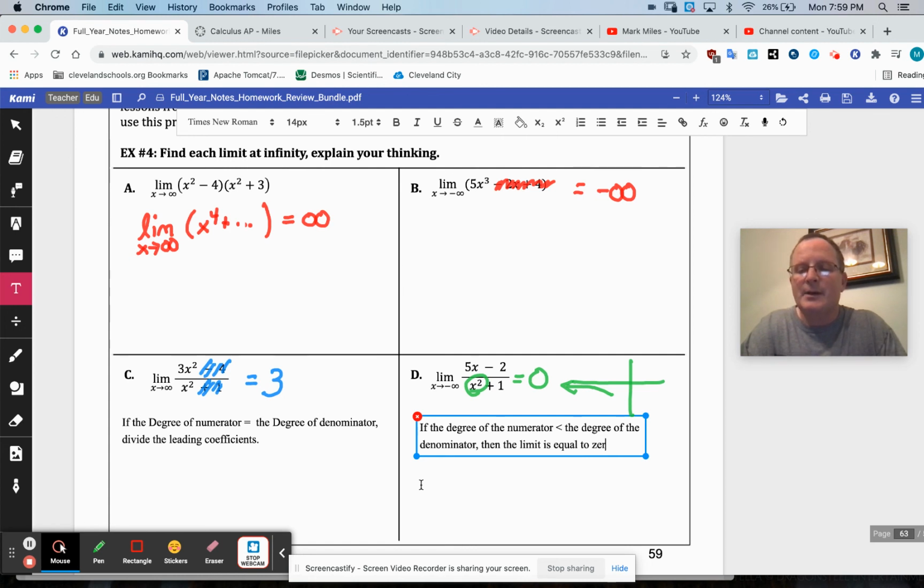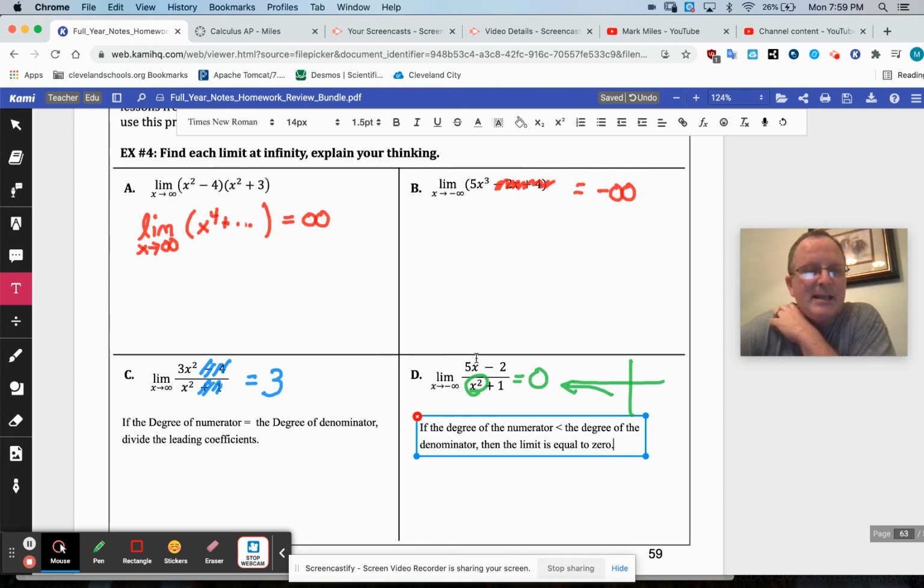Now, of course, these are limits as you're approaching infinity or negative infinity. On this one, the negative or positive aspect will just determine if it's going to approach zero from above or below. And in this case, it's approaching it from below. You can take a look at the graph and see that that's true.